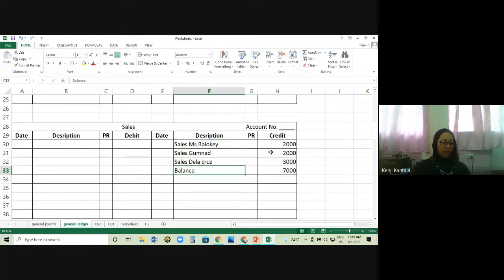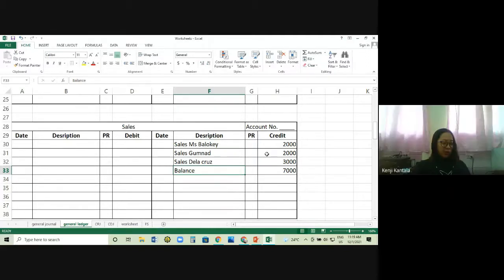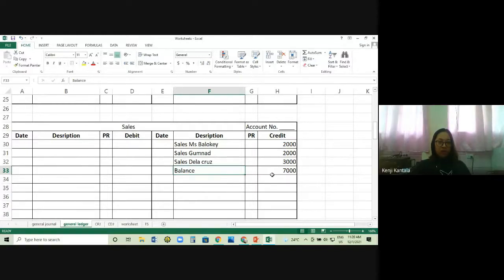Is it part of your balance sheet or part of your income statement? Ma'am, pwedeng paulit po? Yung sales natin, saan natin nilalagay? Part ba siya ng ating balance sheet or part ng income statement natin? Income statement. Okay, so part siya ng income statement.